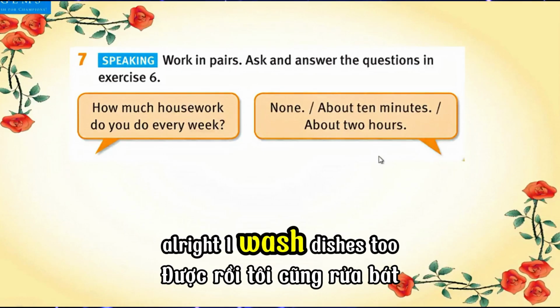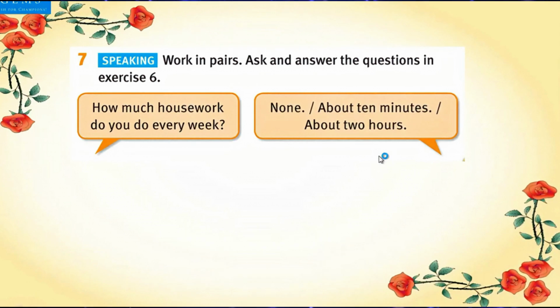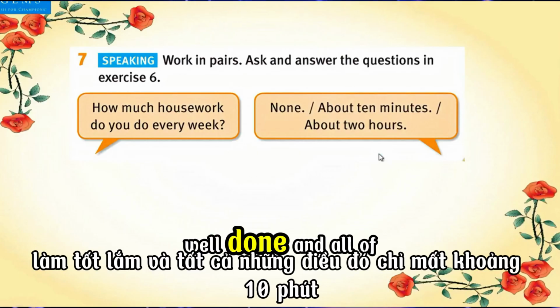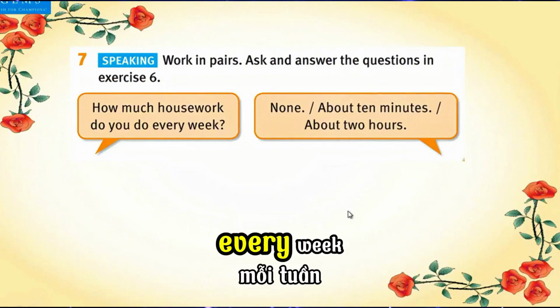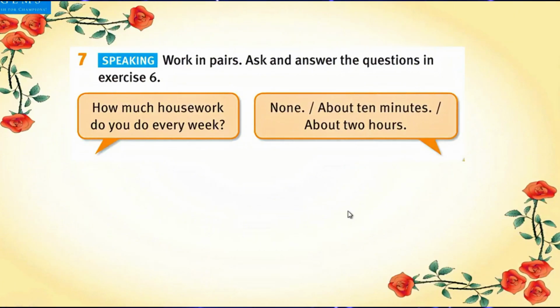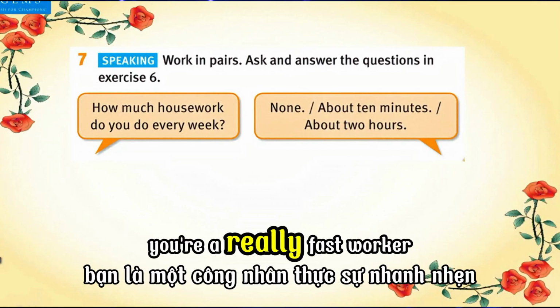All right. I wash dishes too. Good. That is very helpful. Well done. And all of that takes you about 10 minutes every week? Yeah. Wow. You're a really fast worker.